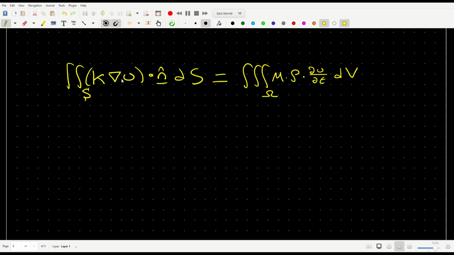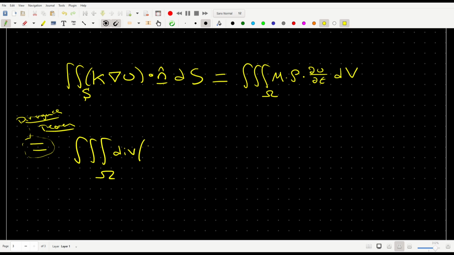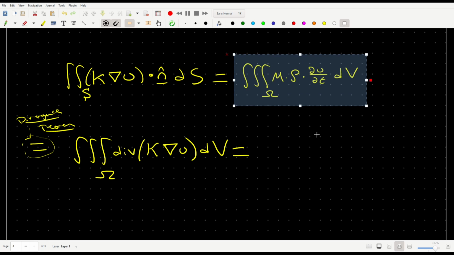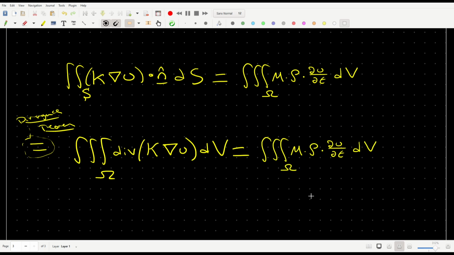And we know that if this surface integral is the surface of a piecewise smooth surface and this vector field is nice enough, that this is going to be the same thing from the divergence theorem as the triple integral over omega of the divergence of k times gradient of u dv, which has to be equal to this triple integral.